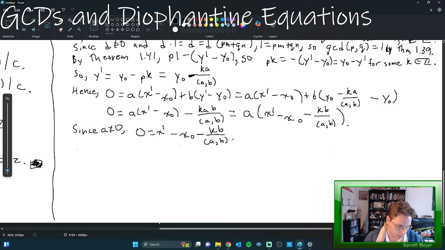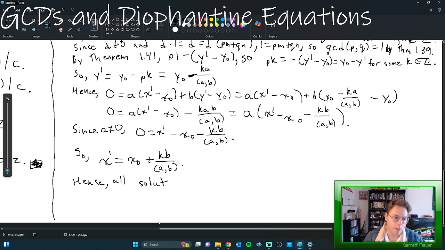And because of that, we know x prime equals x naught plus KB over GCD of A and B. And that is what we were trying to prove. Hence, all solutions, because remember, we just chose a random solution. It was just a general solution.